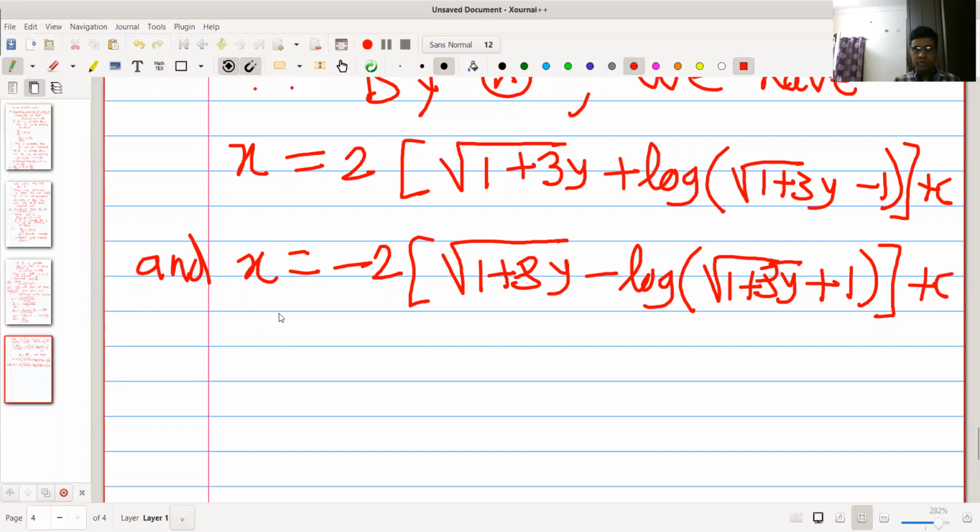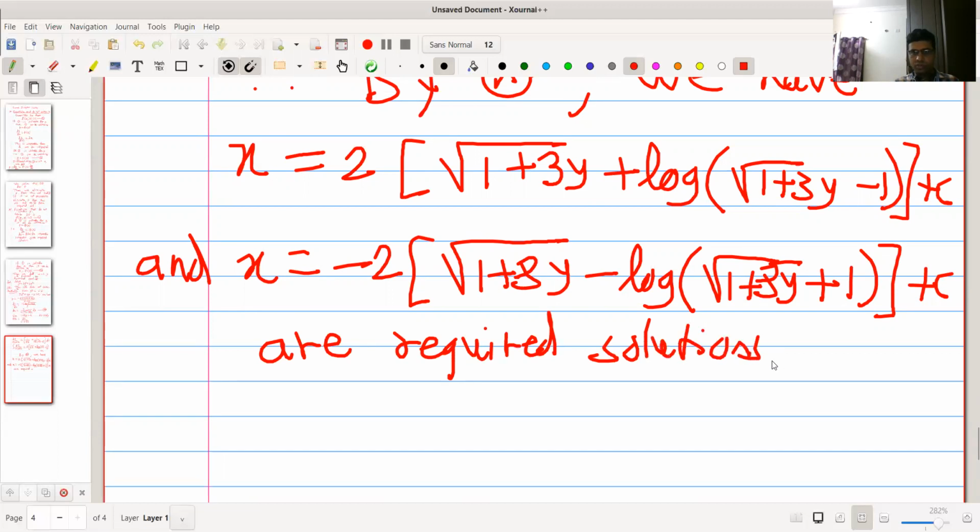Okay, so these are the required solutions. Note that we will not always have a unique solution. We can have a number of solutions. Okay. Now we use another way.